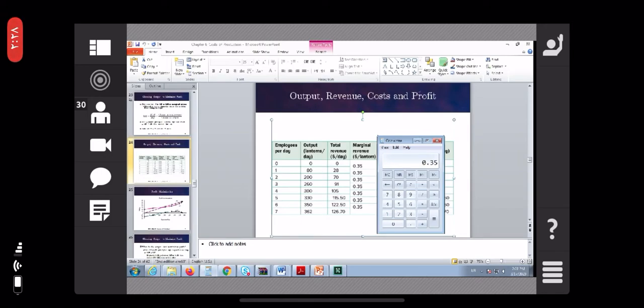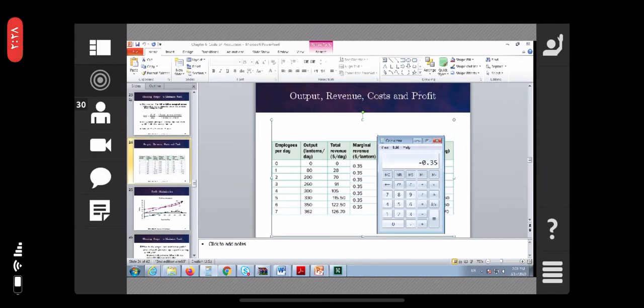Between 28 and 70, it is 42, divided by the change between 80 and 200, which is 120. Divided by 120, and so on. This is the marginal revenue column.